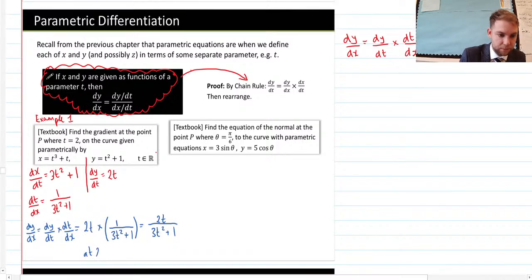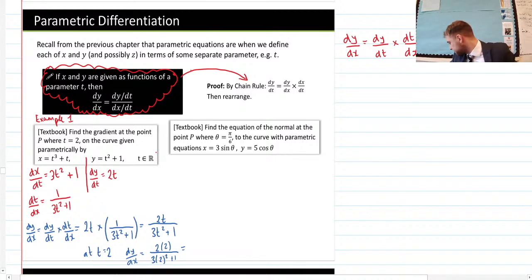So at t is equal to 2, which is when we want it, we end up with dy by dx is equal to 2 times 2 all over 3 times 2 squared plus 1, which is equal to 2 times 2 is 4. Let's see on the calculator.